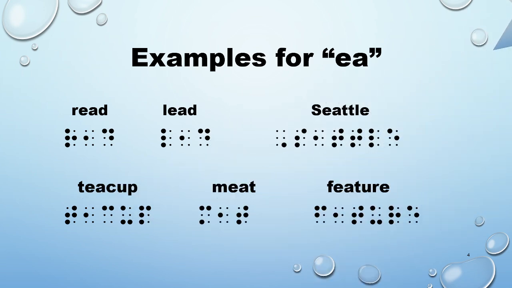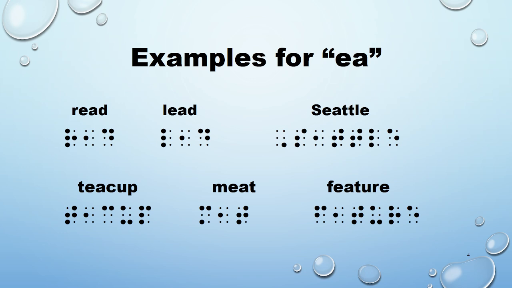Let's take some examples for the lower group sign for EA, wherein EA appears in the middle of the word. So we have here our first example, read. EA is in the middle of the word read, so we can contract EA by using dot 2.